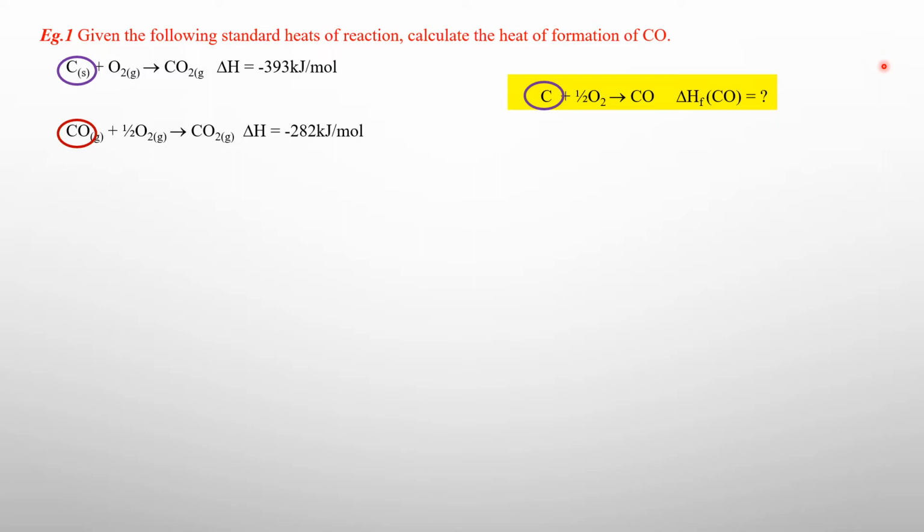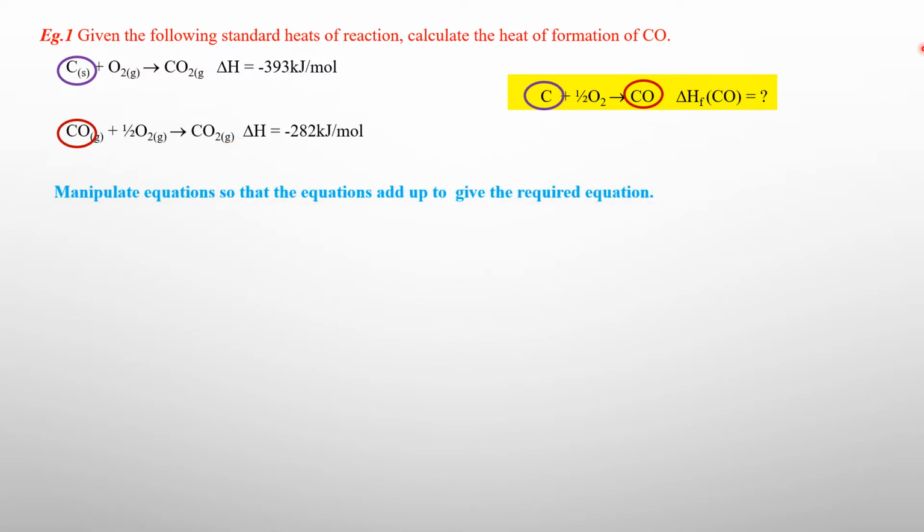Next, let's look at carbon monoxide. Equation 2 has carbon monoxide on the reactant side, but we want it on the product side. So we will change this equation around. We will have to reverse this equation. So let's see what we have decided to do.